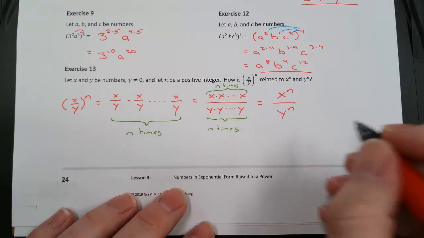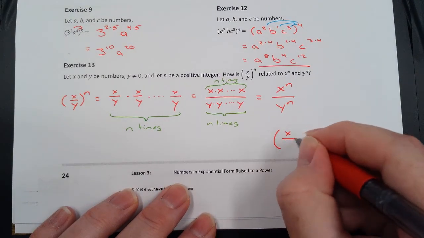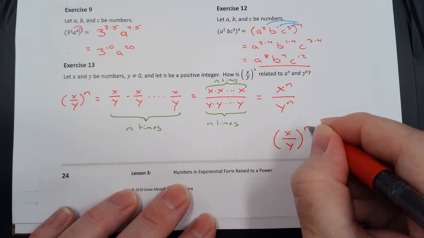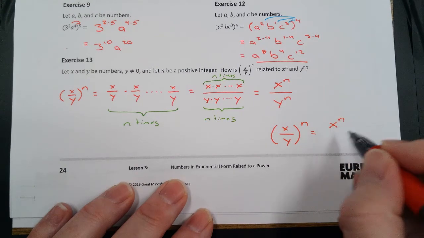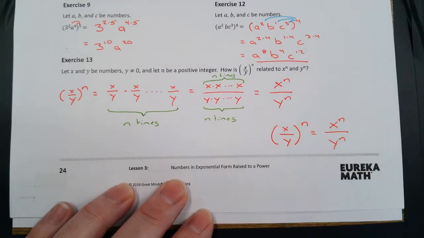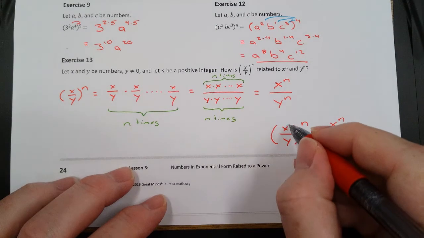So what you should see, this is this. Let's do the summary statement. When you see something like this, the exponent gets passed to the numerator and denominator. Just like before, it gets multiplied. Here, we should do this.